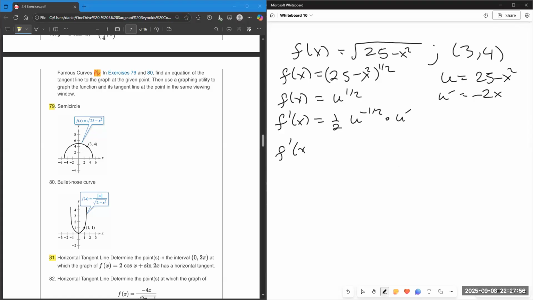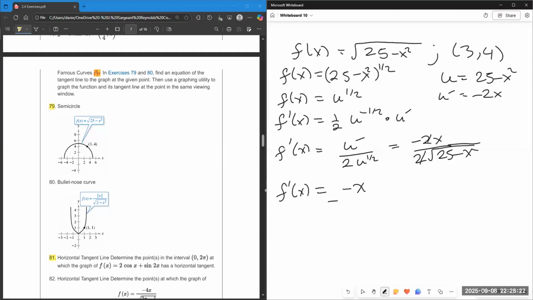F prime of x is u prime over 2 u to the 1/2, which is negative 2x over 2 times the square root of 25 minus x squared. The 2's will cancel. F prime of x is equal to negative x over root 25 minus x squared.